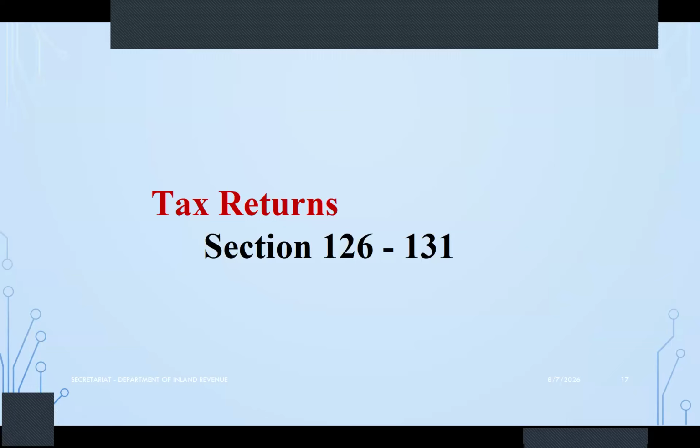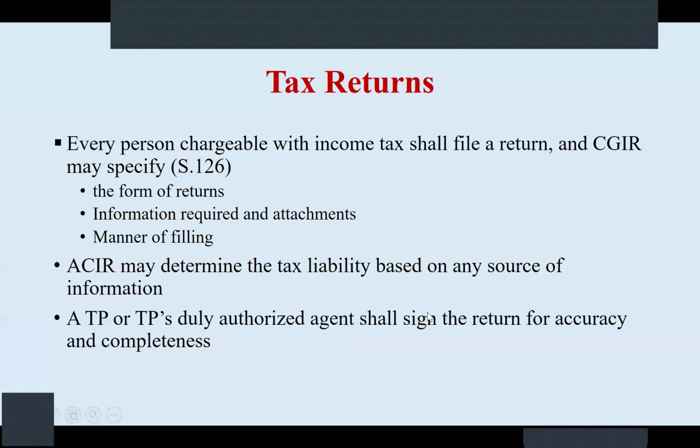So now I am moving to the tax return. It is from section 126 to 131. A tax return is a specific document. The items that should be included in the tax return are already mentioned in the Act. Based on the provision in section 127, it says what particulars should be included in the tax return.